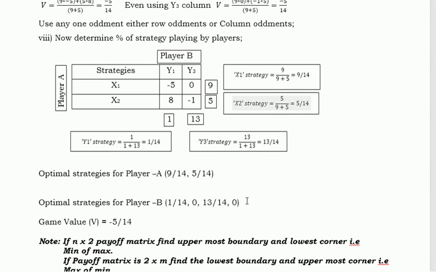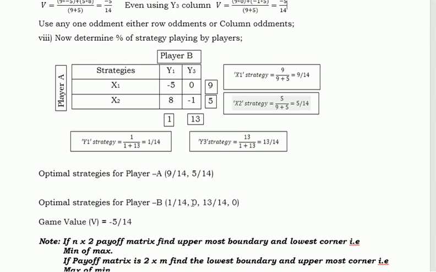So for player A, only 2 strategies are optimal, that is 9 by 14 and 5 by 14. For player B, among 5, y1 is 1 by 14, y2 is 0, y3 is 13 by 14, and y4 and y5 are both 0.